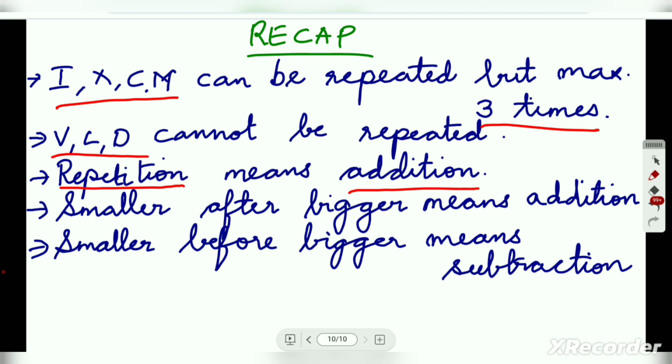The next, smaller after the bigger means addition. Smaller before the bigger means subtraction. And also remember the basic symbols I, V, X, L, C, D, M. These are the rules you need to know before you start converting numbers into Roman numerals.